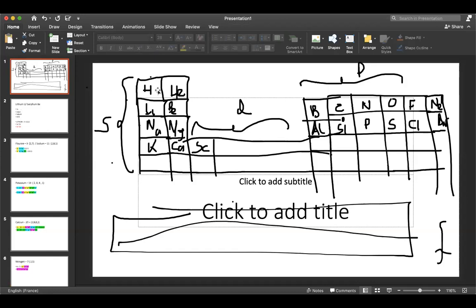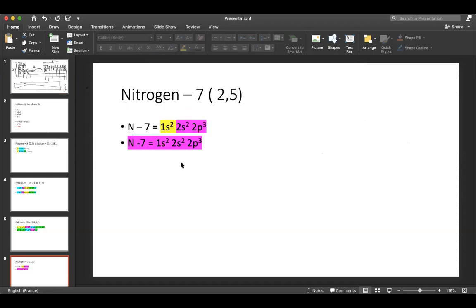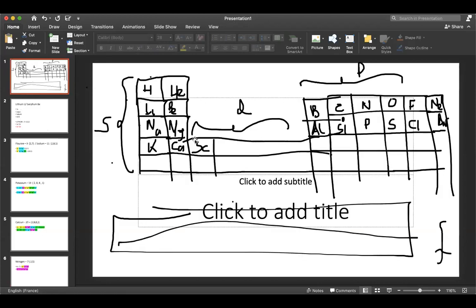So period number 1, we have S, that is 1, 2. This is the 2 here for the first period, and for the S shell we have 1, 2. We don't have a P for the first shell.